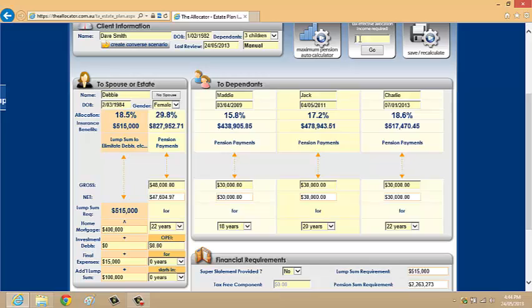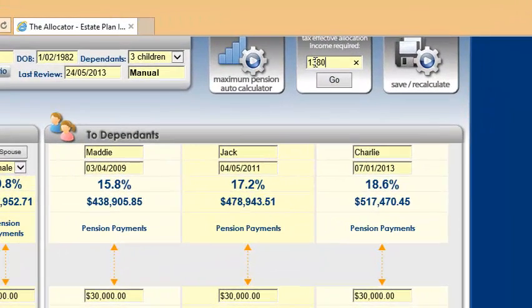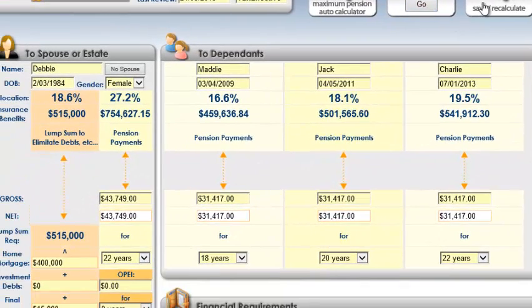But if we use this feature here, now the family needed $138,000. The tax effective allocation feature is actually now going through 6.5 million iterations to determine the very best beneficiary allocation. And there it is there. You would have noticed that Maddie's allocation went from 15.8 to 16.6, and essentially what's happened is an amount of money has been taken away from Debbie and distributed to the 3 children.